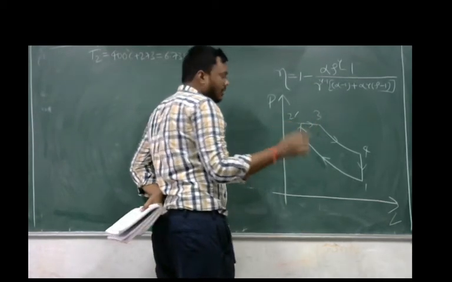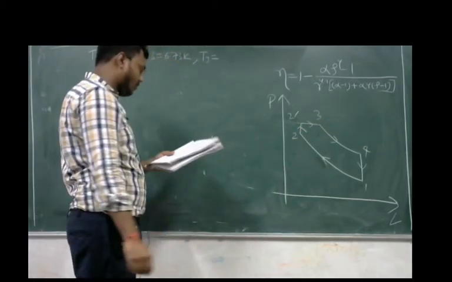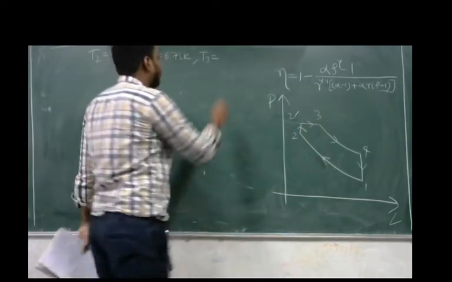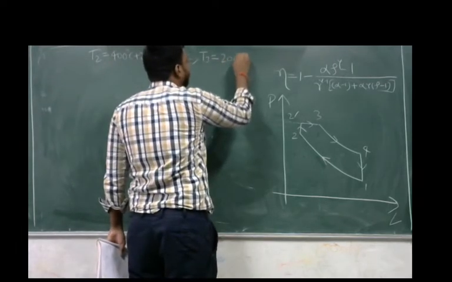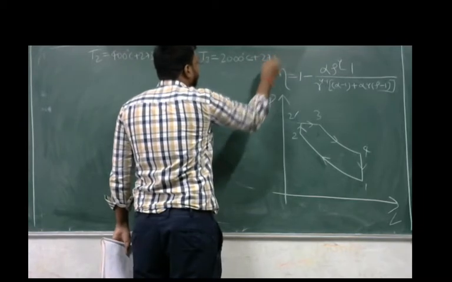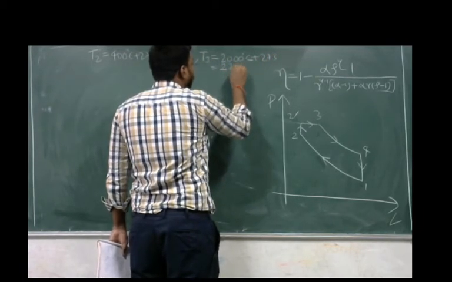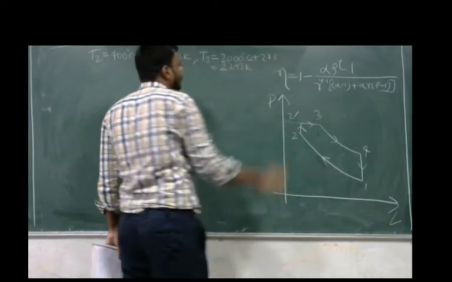The temperature will be maximum at point 3. So T3 is given equal to 2000 degrees Celsius plus 273, so it becomes 2273 Kelvin.